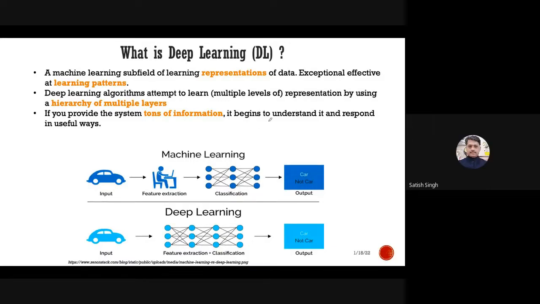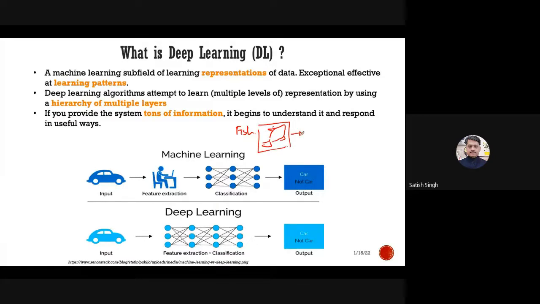Yes. In case of machine learning, what happens? Suppose, I'm just taking one example, that is a fish. This is a very popular example if you have gone through it. There must be some appearance. Suppose this is the appearance of a fish.